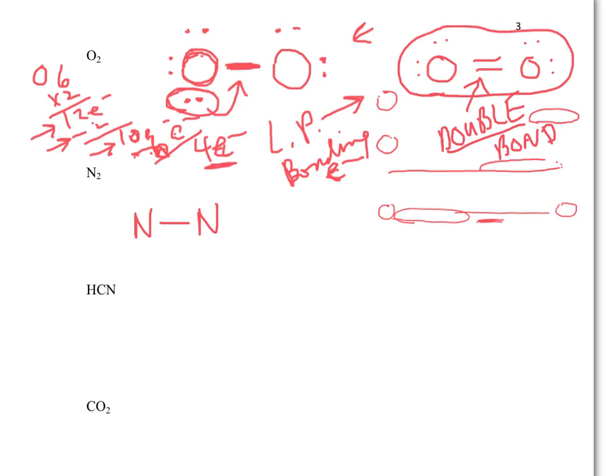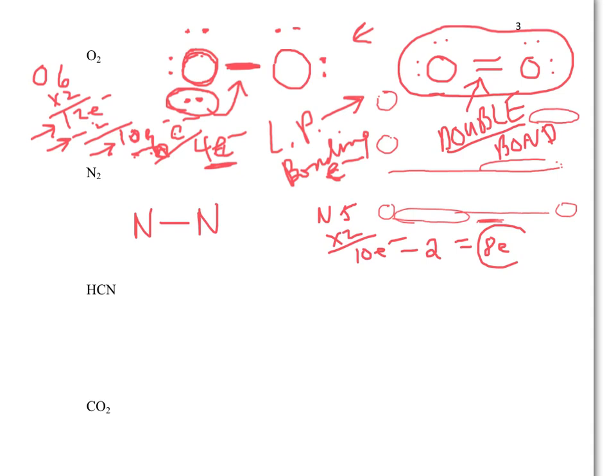Now, step 2, count my number of valence electrons. I have nitrogen in group 5, but of course there's 2 atoms of nitrogen, so that gives me a total of 10 electrons to play with. But I've already used up 2 in making my single covalent bond, so that leaves me with 8 electrons still to put into my Lewis structure.